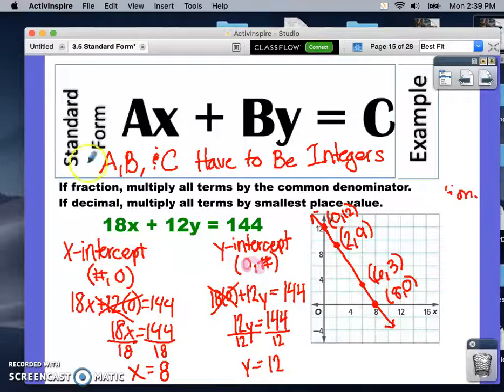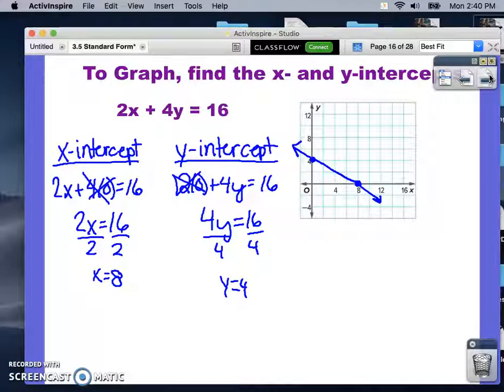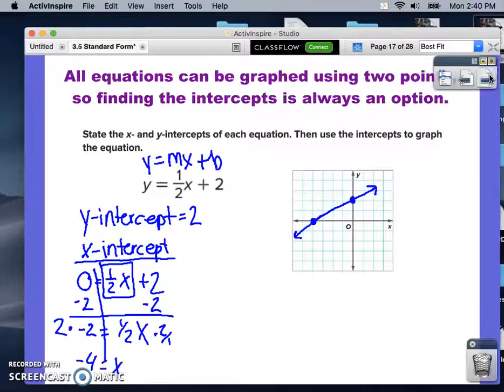For a fraction, you multiply all terms by the common denominator. And if it's a decimal, multiply all terms by the smallest place value. So pretty much you want to move your decimal over however many times to get it out of all the decimals. Okay, this is from yesterday, so I'm going to go on.